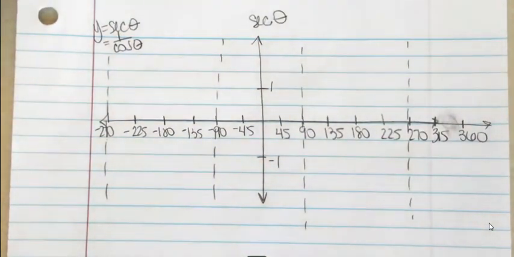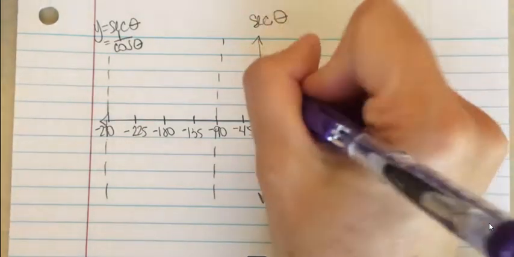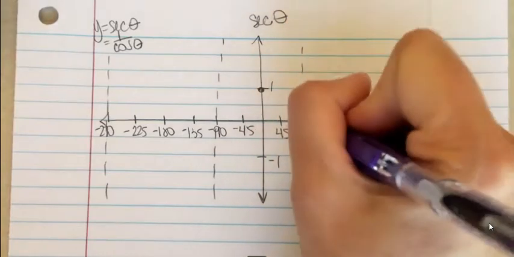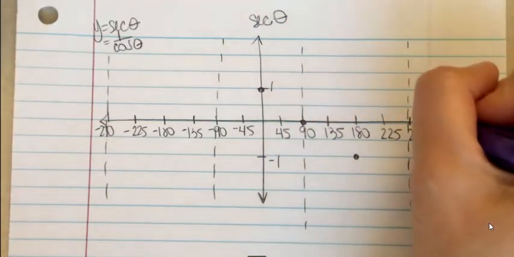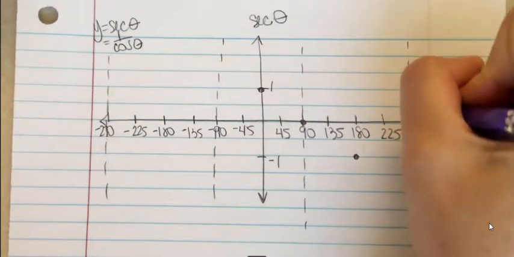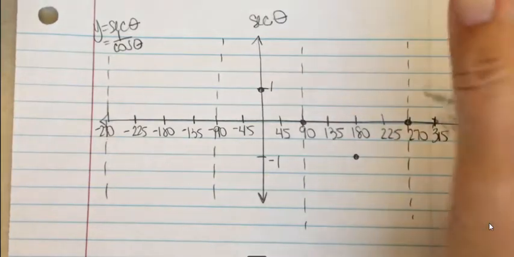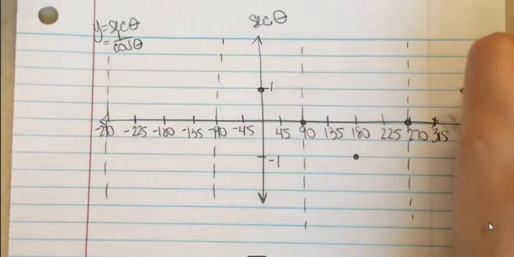Now, the best way to graph this is to graph the cosine function first. Okay, so cosine function goes like this, up to 180, back to my midline, up back to my highest point.